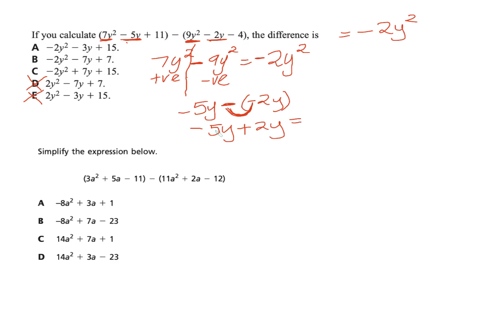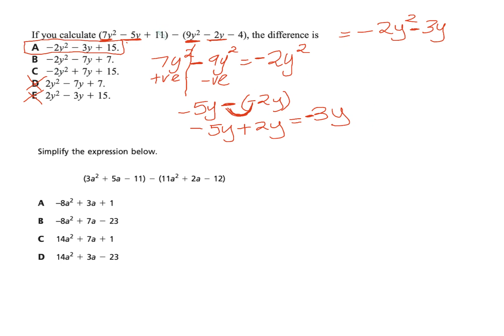And remember, when the signs are different and you're adding, you're going to subtract, which would give you 3y, and keep the sign of the larger number. So it's going to be a negative. So we have here a negative 3y. Let's go to our answer choices. And there's only one negative 3y. So our answer is A. We didn't even have to go any further.